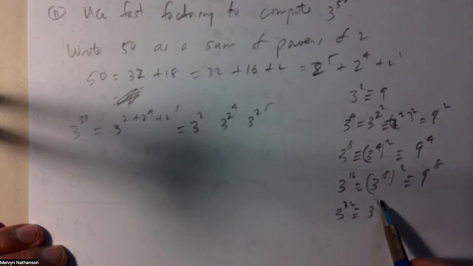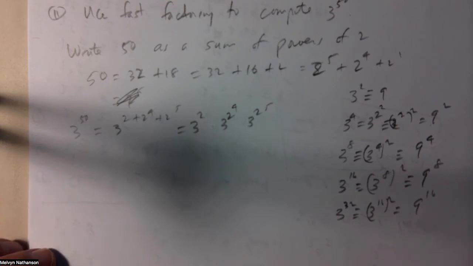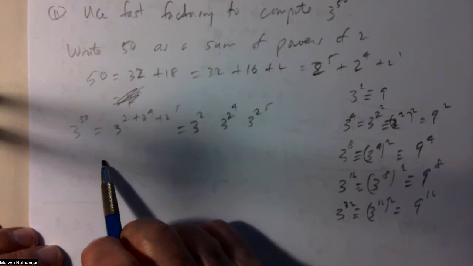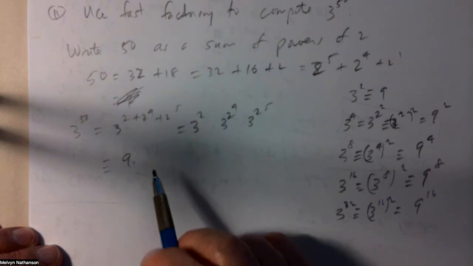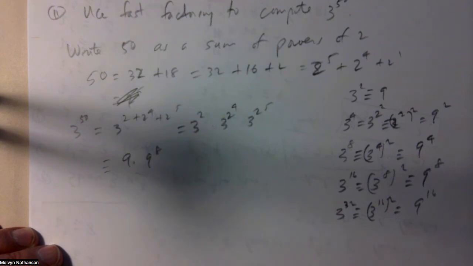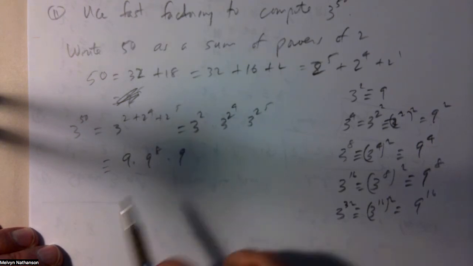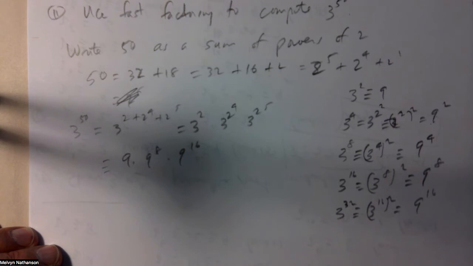And 3 to the 32nd, 2 to the 5th, is 3 to the 16th squared, which is 9 to the 16th. So what we get is that this is equal to 9 times 9 to the 8th times 9 to the 16th power.